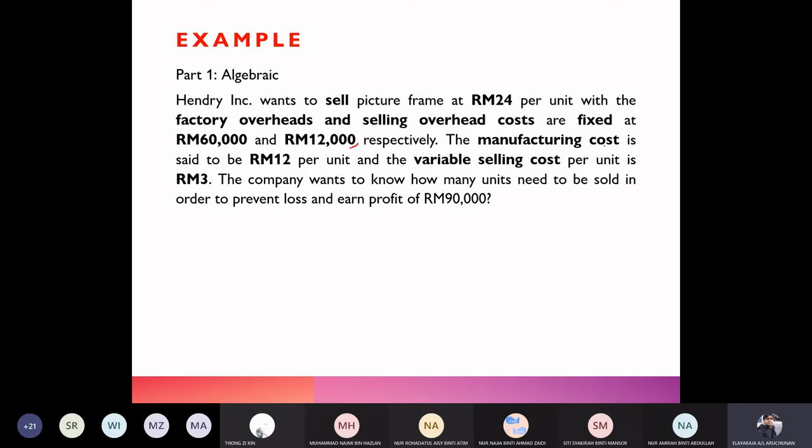The manufacturing cost is RM12 per unit, and the variable selling cost per unit is RM3.